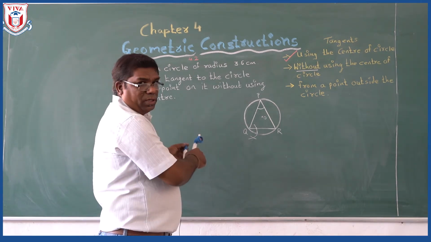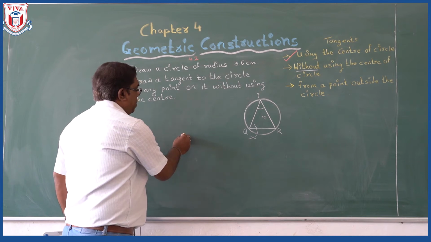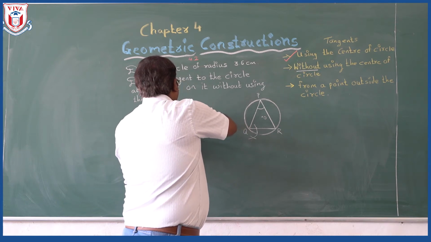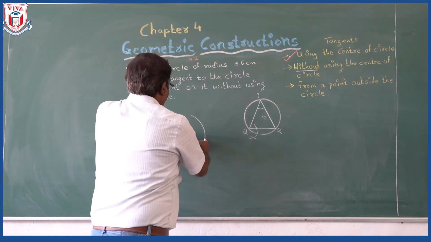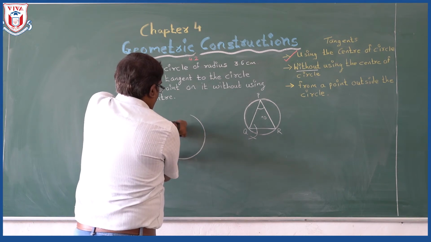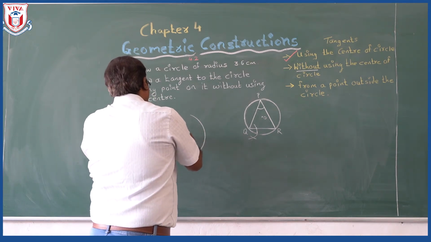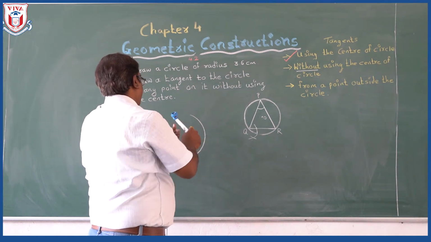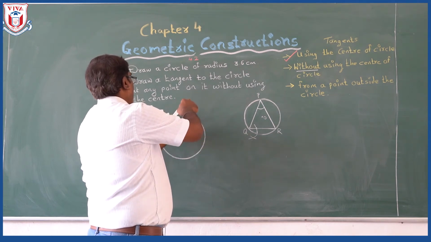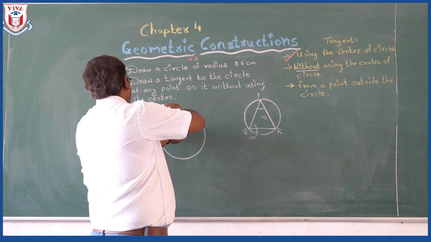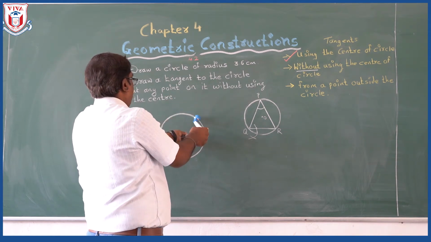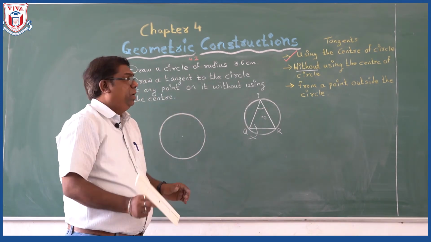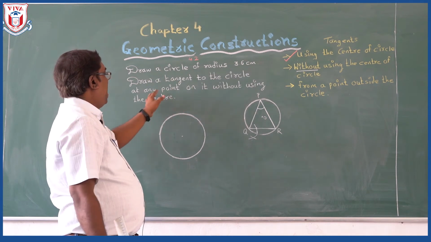Just take a simple point there and make it 3.6. This is my 3.6. Further, what they told is to draw a tangent to the circle at any point on it without using the center.